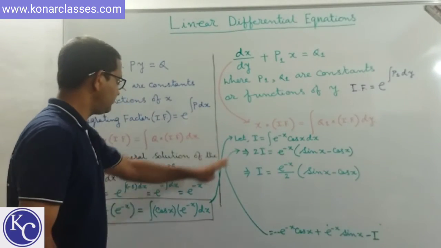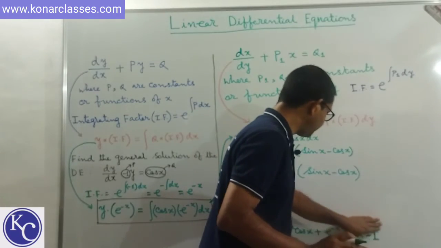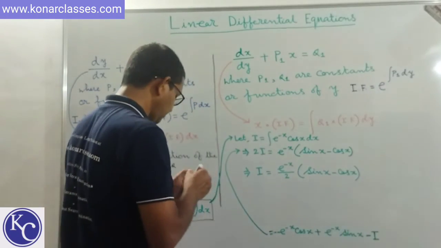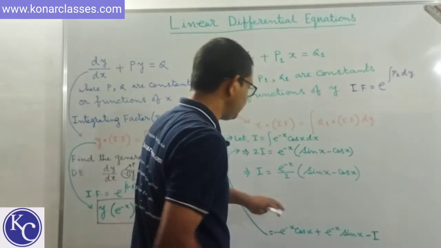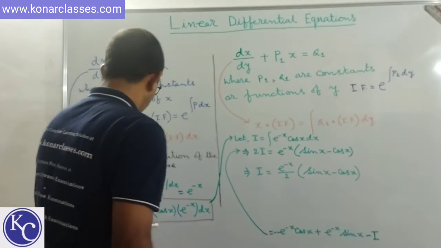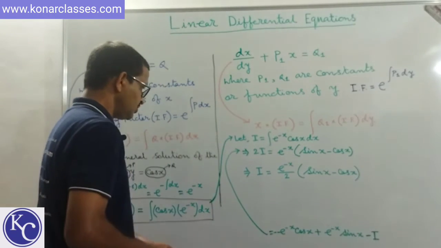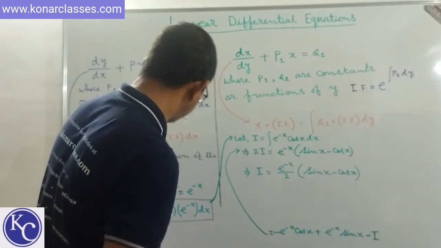Now, whatever indefinite integration we have done, there will always be an integrating constant. I have not written the integrating constant earlier because finally we can write it. That's why I didn't write it. So what is the solution to the given differential equation?